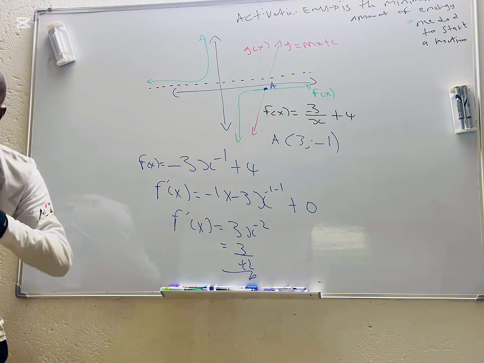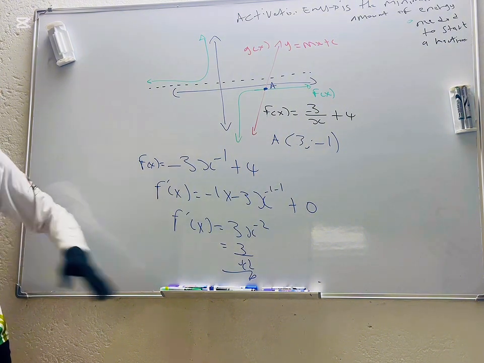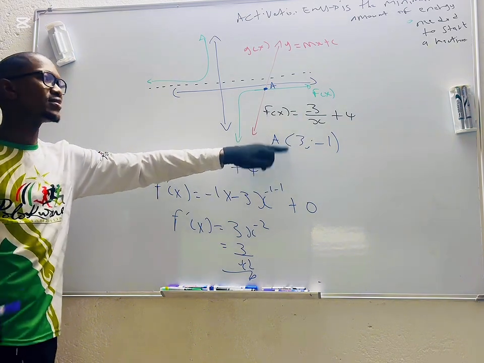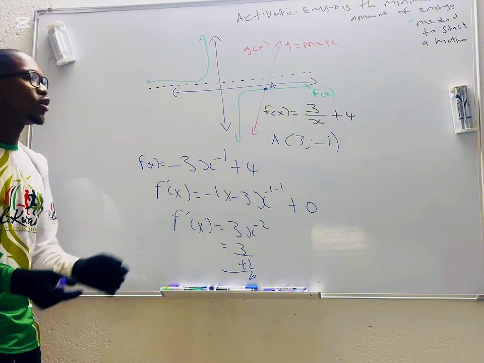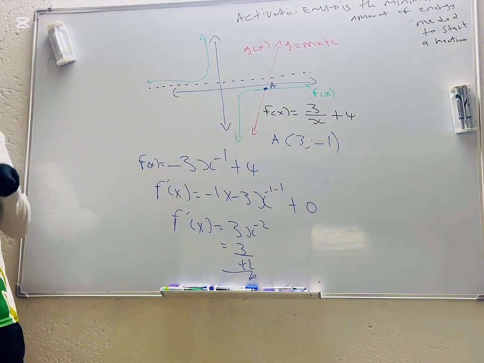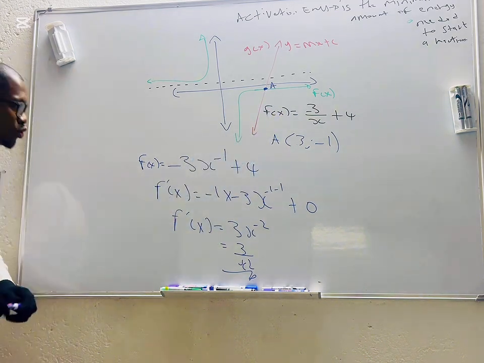Since we got the derivative, my friend, we are not yet done. The first step is done. What do we do? We substitute the point at which the tangent touches the function. Why? Because that point when you substitute in the derivative is going to give us the slope, which is the gradient of the tangent. How do you do that?